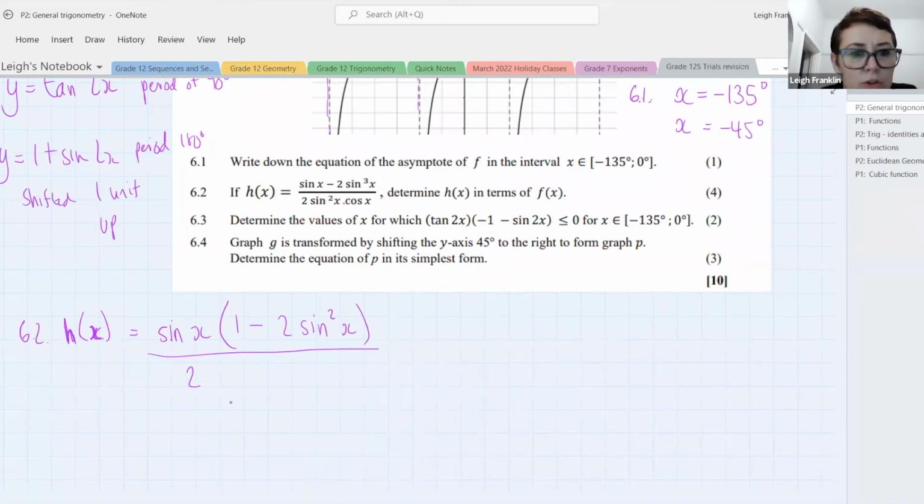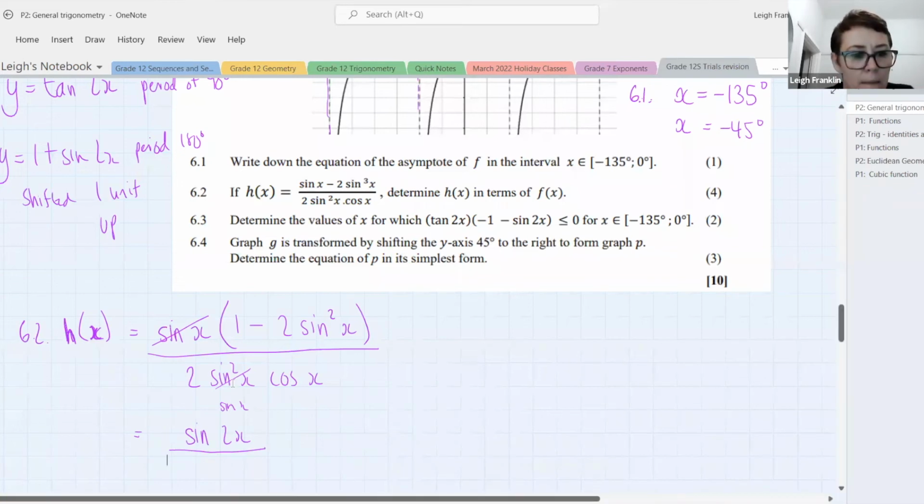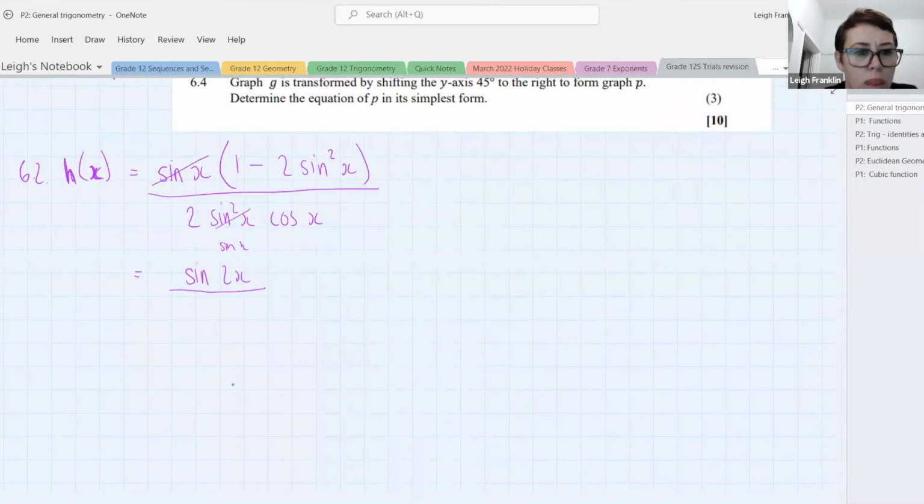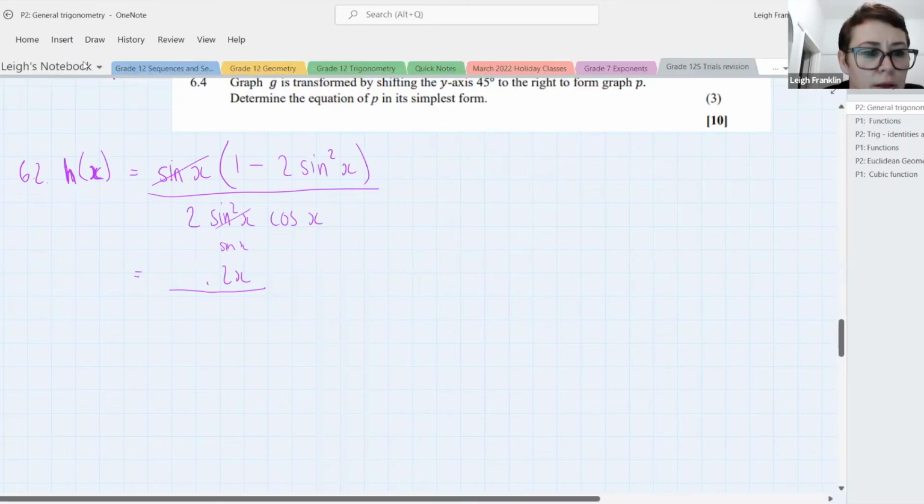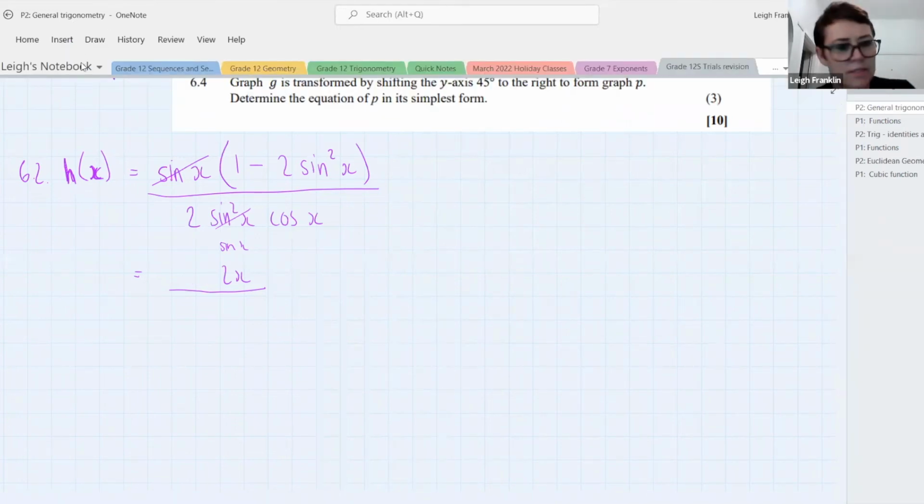All right, then if we've got 2 sine squared x cos x at the bottom, one of the sine x's at the top and one of the sine x's at the bottom can cancel out. So now we've got 1 minus 2 sine squared x over 2 sine x cos x. Sorry, I'm just being a numpty. Beg your pardon, guys. 1 minus 2 sine squared x is not sine 2x, is it?